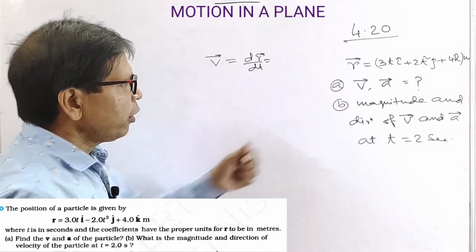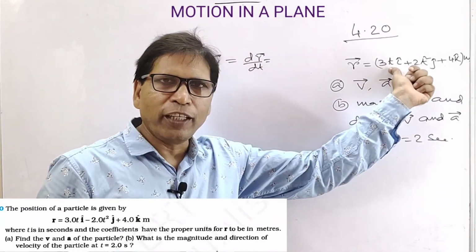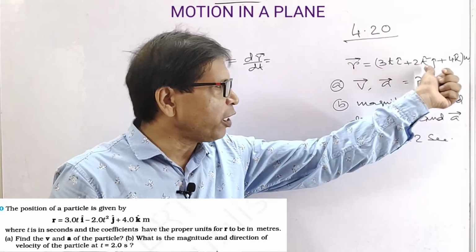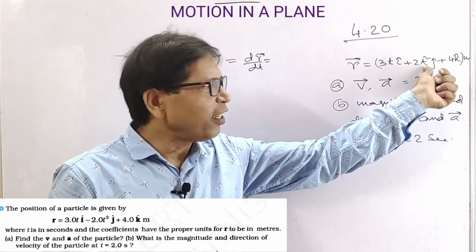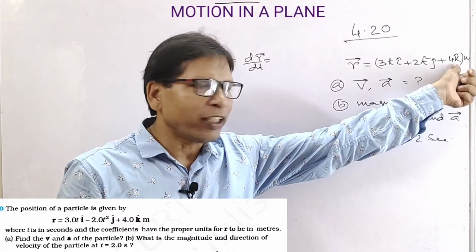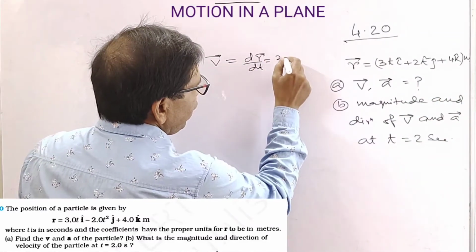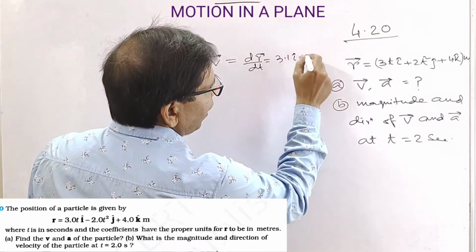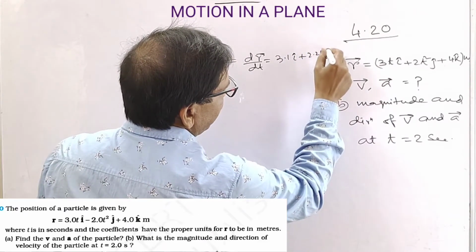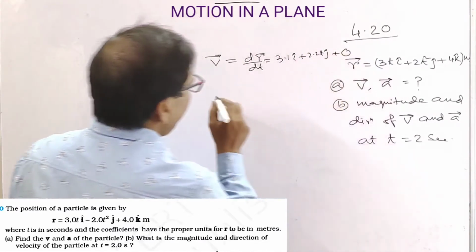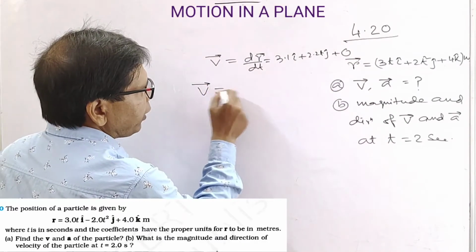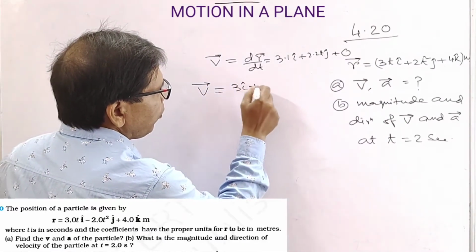The differentiation of t is 1, the differentiation of t² is 2t, and the differentiation of a constant is 0. So this becomes 3 into 1 i cap plus 2 into 2t j cap plus 0.